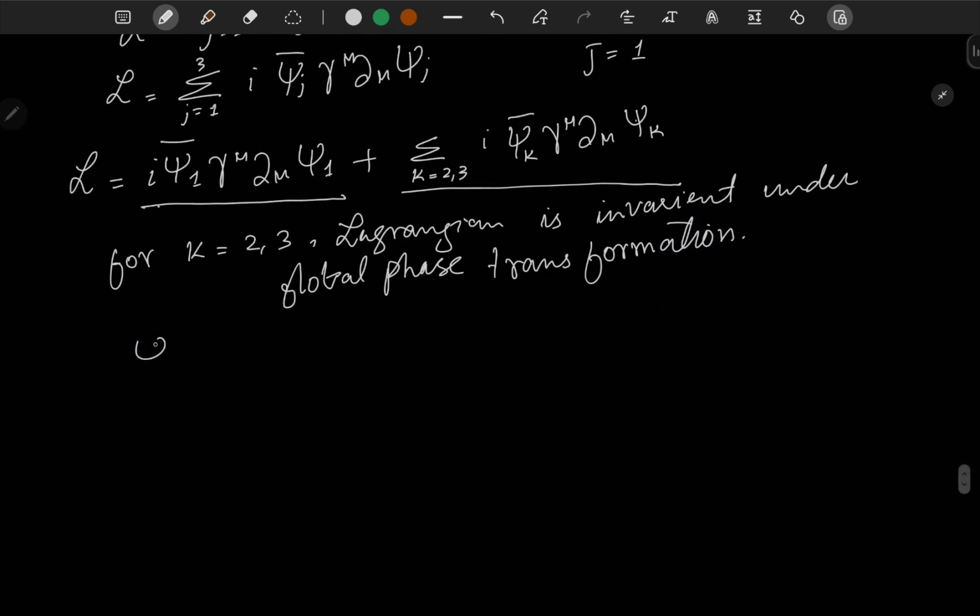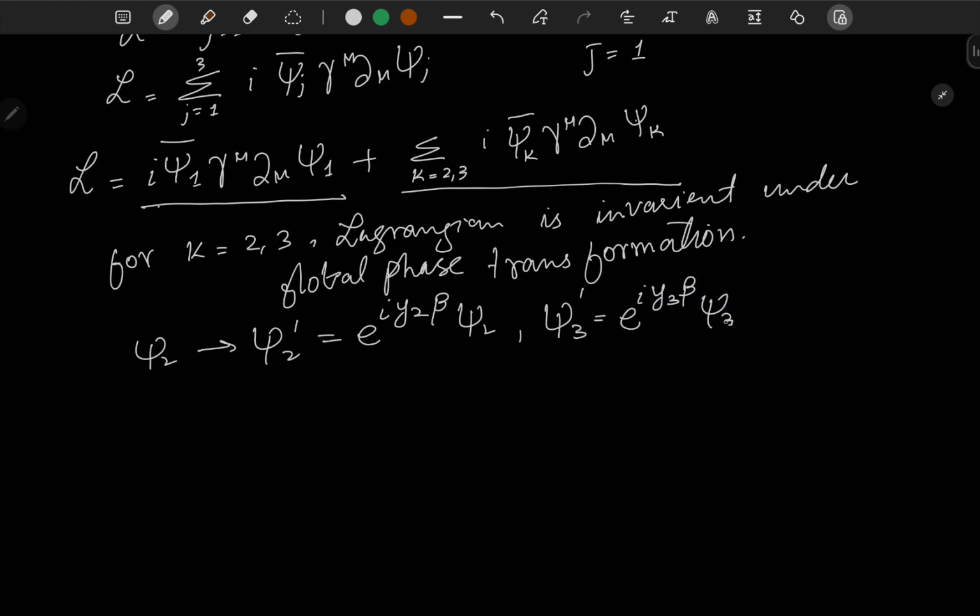So psi2 will transform like e to the i y2 beta psi2, and the same goes for psi3, e to the i y3 beta of psi3.